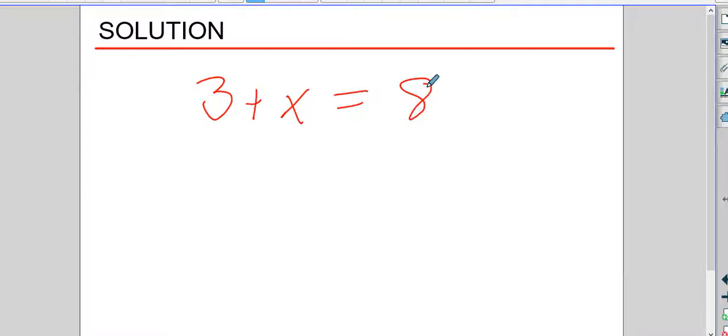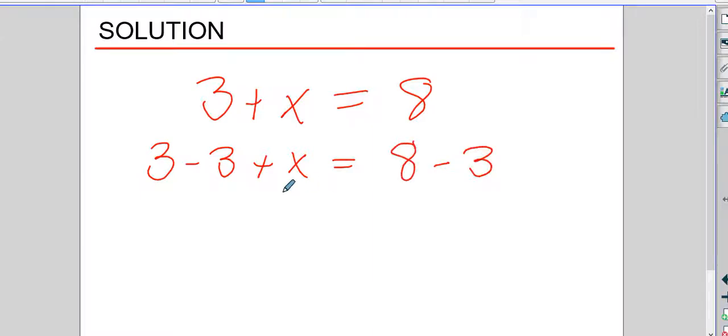Okay, so we know that 3 is being added to x. So I want to get x all by itself. So in order to get rid of that 3, we're going to subtract it from this side. So 3 minus 3 plus x equals, and that rule from 2 slides ago, whatever you do to one side, you have to do to the other side, equals 8 minus 3.